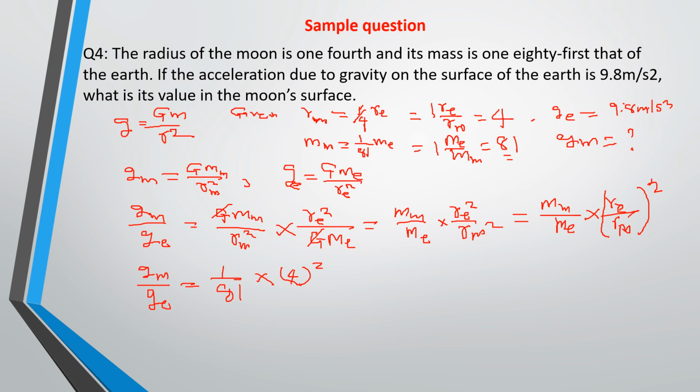Now remember that g Earth is given to us as 9.8 meters per second squared. So g moon, which is what we're looking for, will be equal to g Earth multiplied by 1 over 81 times 4 squared, which is 16.